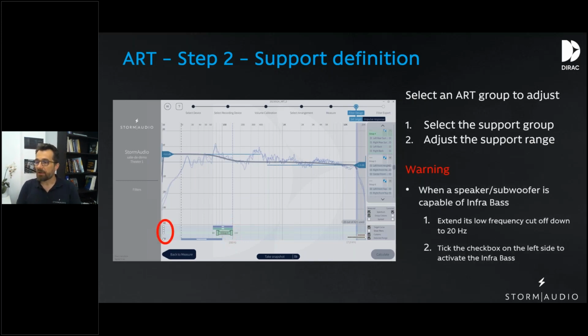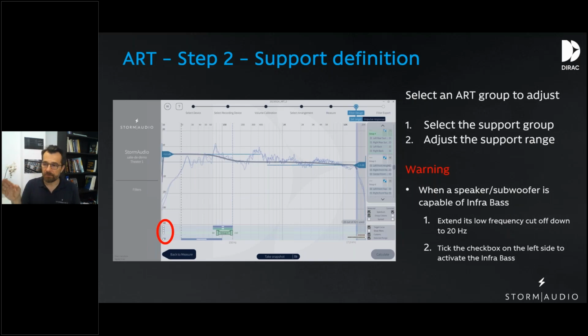The other point, it's not really a warning, when you play with your parameter adjustments, is that most of the time you will have subwoofers in your system. But this can also be speakers. If you have speakers that can really go down to 20 Hertz and even lower, you can decide whether they play the infra bass. So on each of the ART groups that you adjust, if you decide that the subwoofer should support it, we recommend that if the subwoofer can go below 20 Hertz, you activate the infra bass.